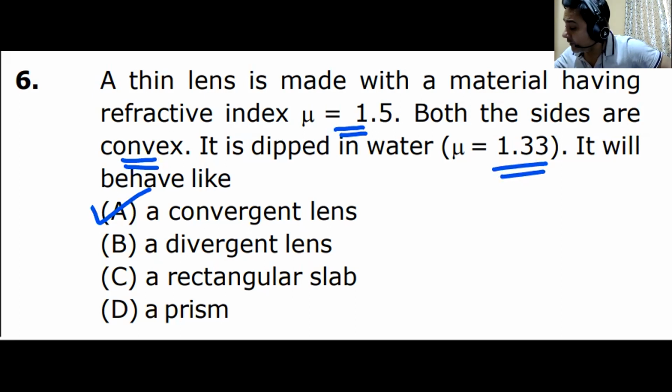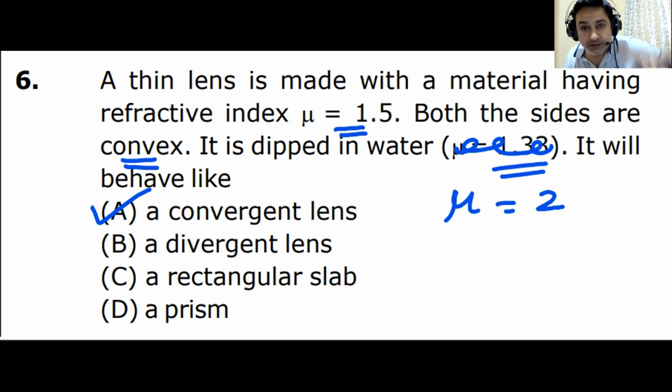If the lens were placed in a medium of refractive index 2, then what would be the answer? If I had changed the question and made the refractive index 2, what would the answer be? Divergent.